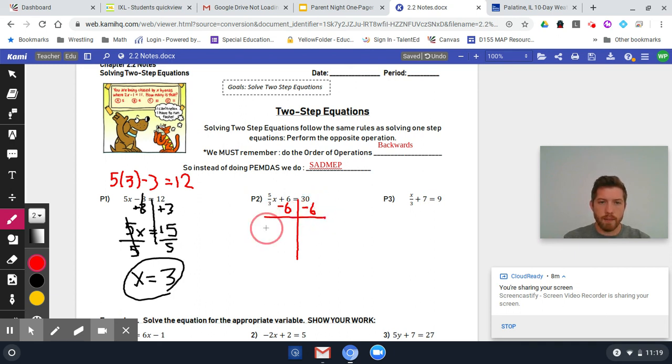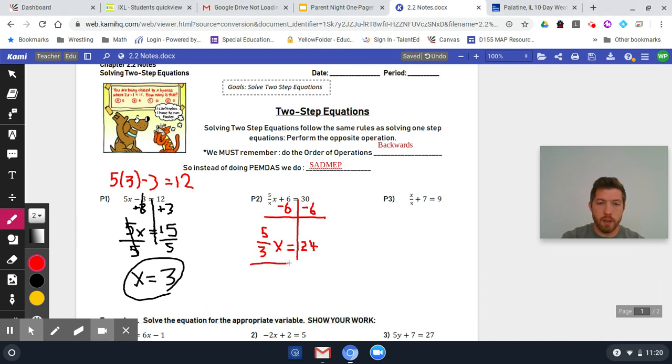We're going to be left with 5/3 times x equals, and then we have to do 30 minus 6. 30 minus 6 is 24. Now we have a multiplication problem here. We have 5/3 times x. So the opposite of multiplication still is division. So we're going to go ahead and divide both sides by 5/3.